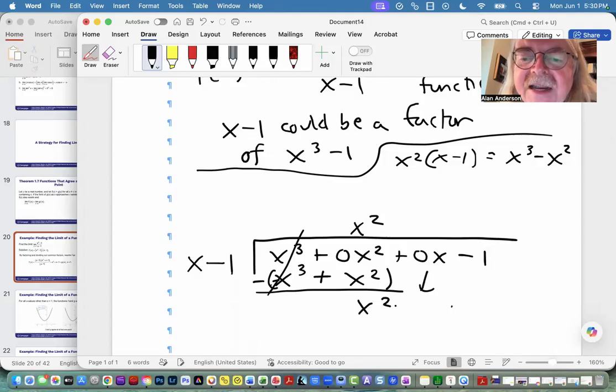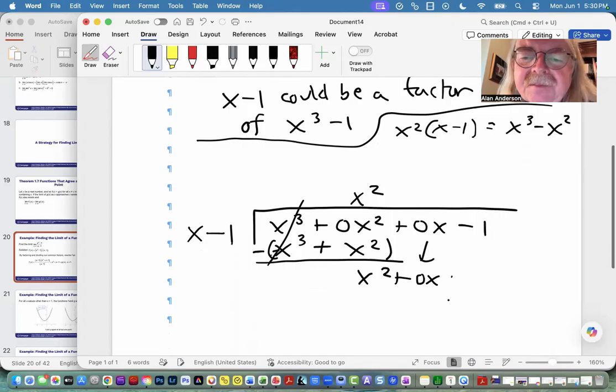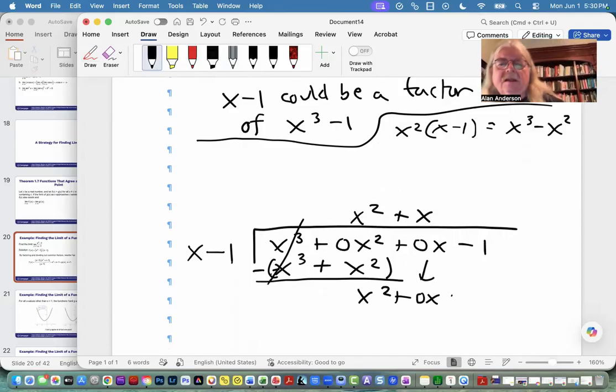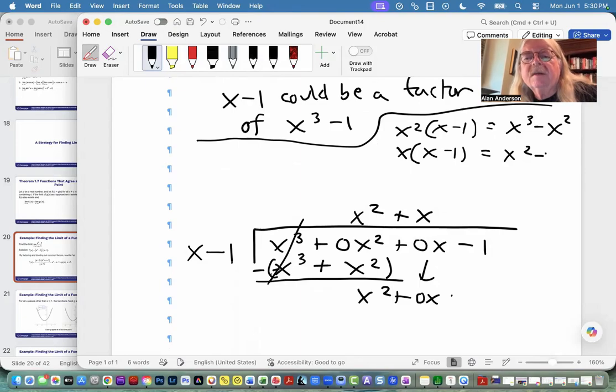Then I bring down whatever was next, and I try again. So this time I'm going to pick an x. Why x? Because if I multiply x by x minus 1, I'll get x squared minus x, which I now subtract.